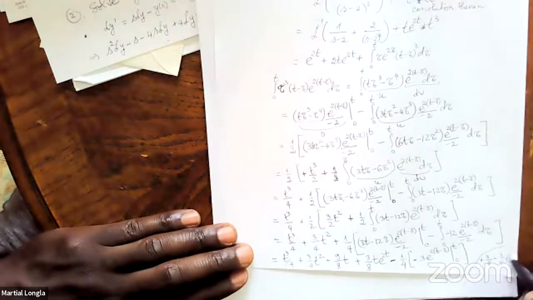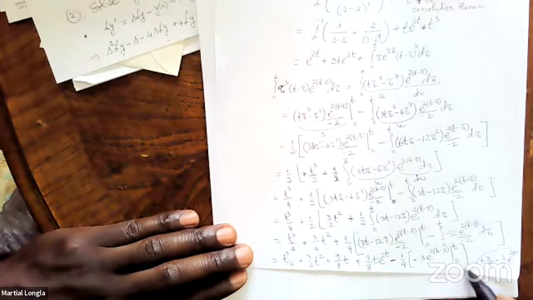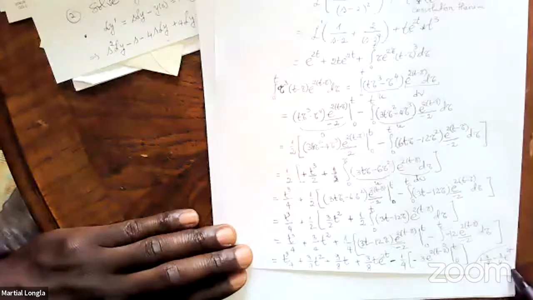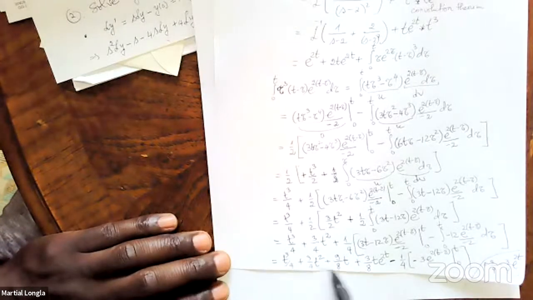E to the 2t. So this piece is equal to that. And so you add it to this one to get the final answer for y of t.